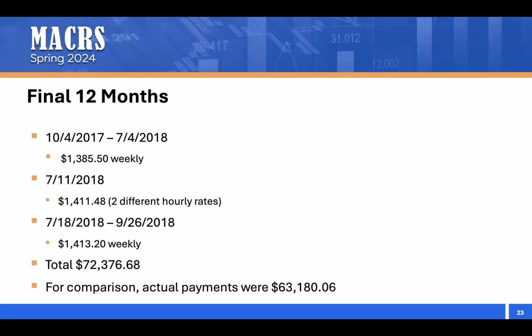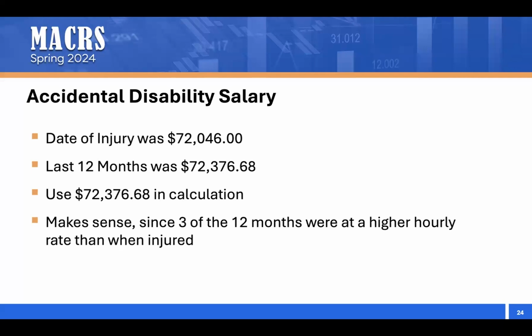So you do the two disability numbers, and they should be fairly close. I've seen folders while doing audits where the rate on the date of injury is 40 grand, and the last 12 months the board had like 20 grand.